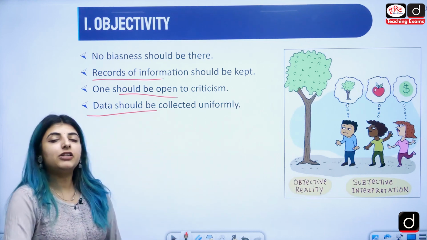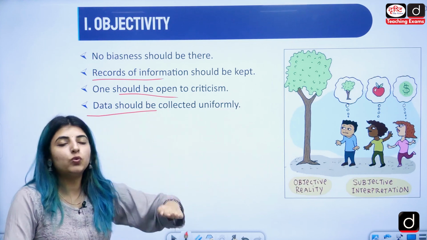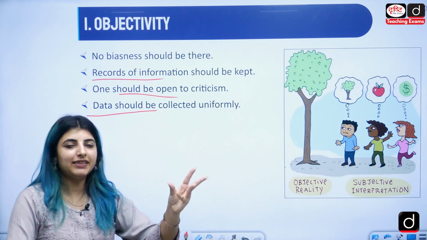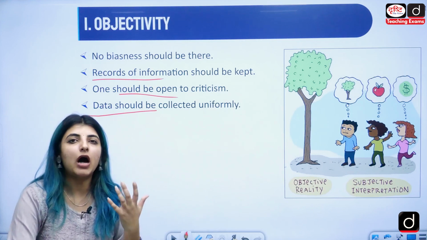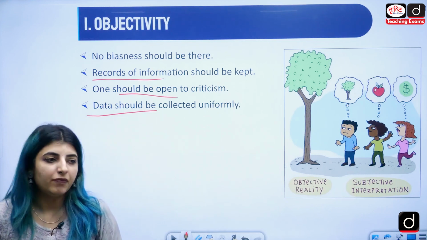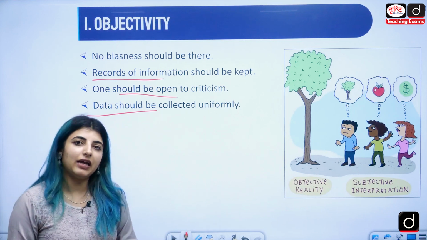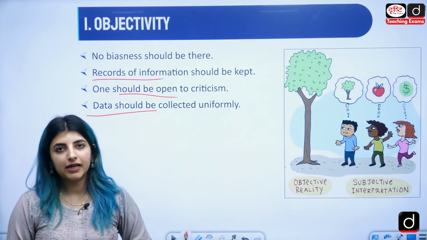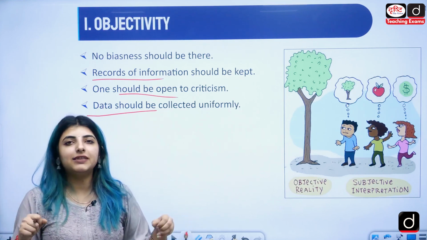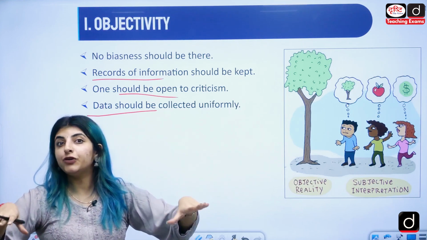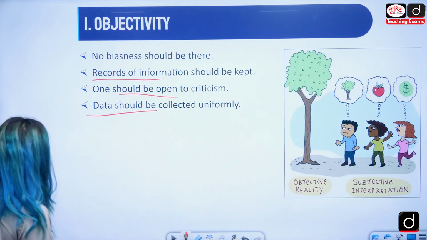Data should be collected uniformly so that there is no skewness. If I want to know how many students in my class know about HIV/AIDS, and I'm going to ask 5 boys, I need to ask 5 girls as well to maintain that uniformity and balance in the data collection.